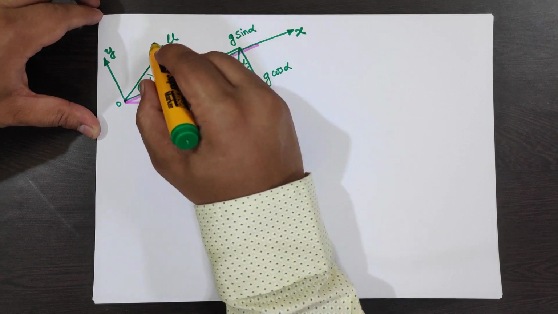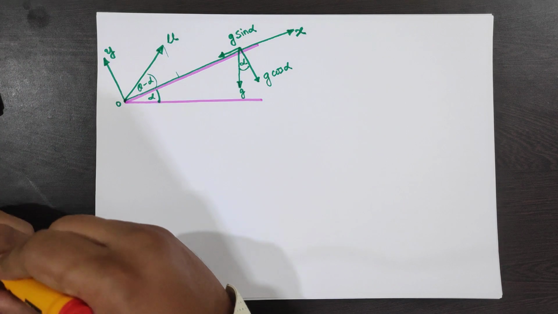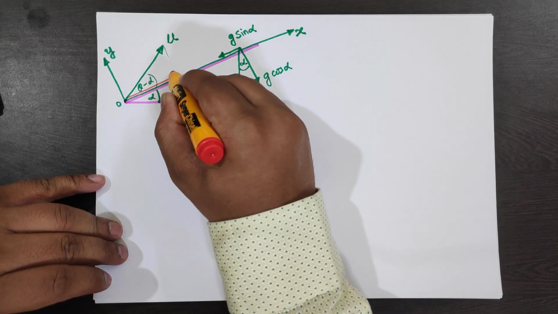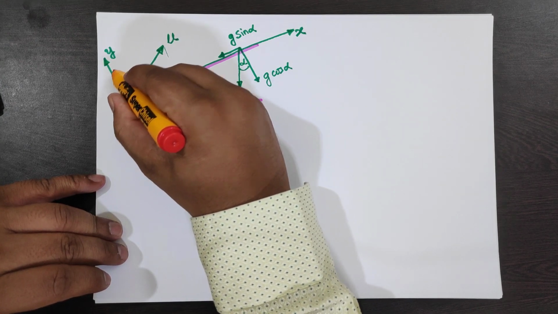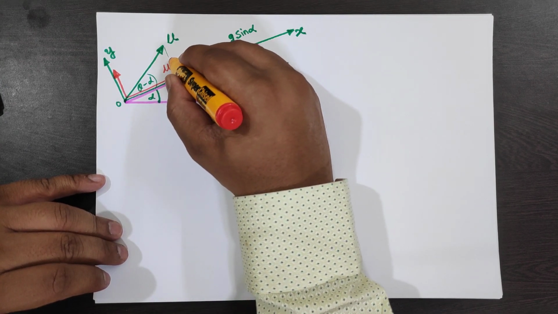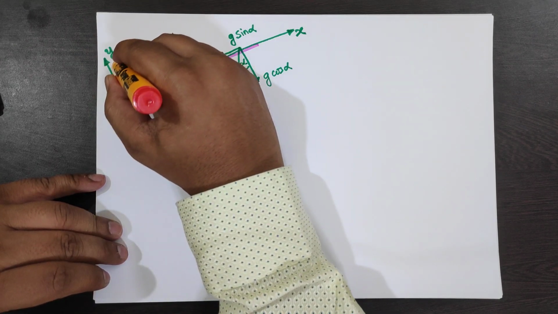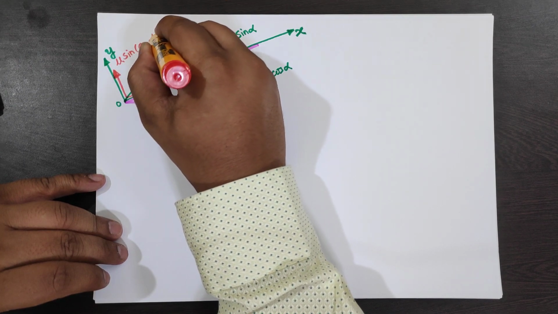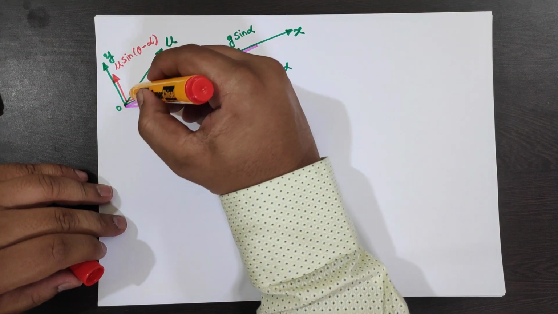So this is u cos of theta minus alpha, and this is u sin of theta minus alpha.